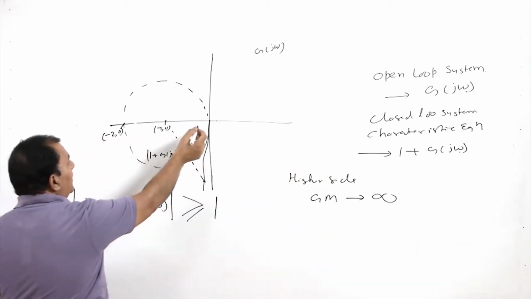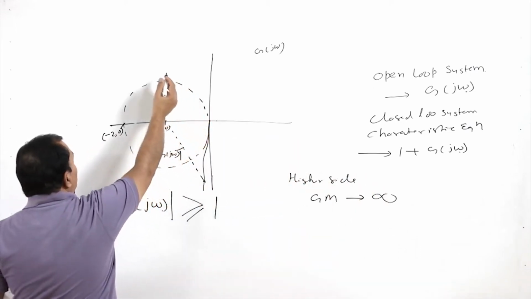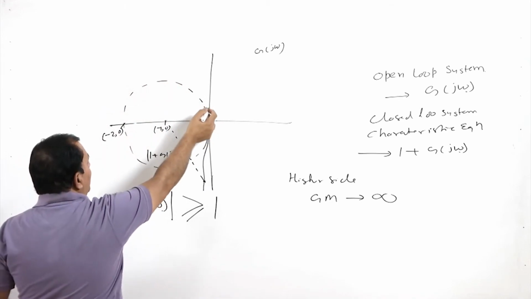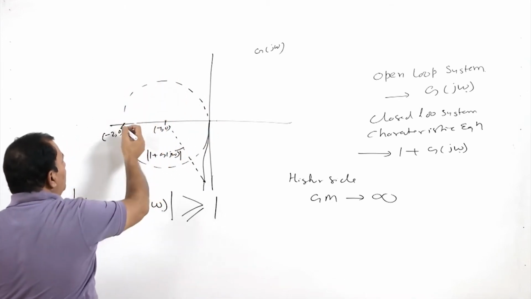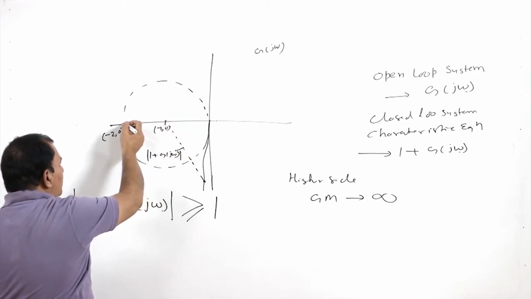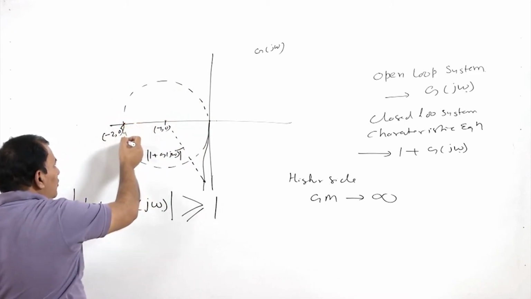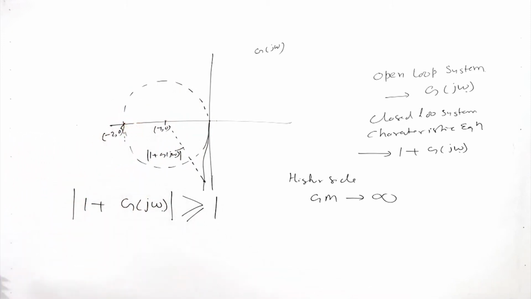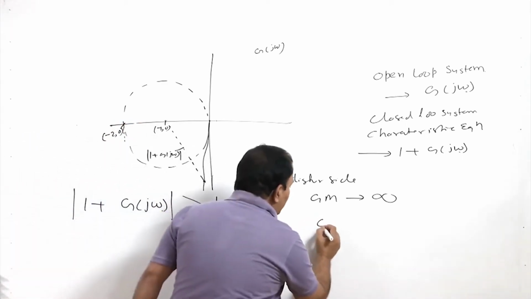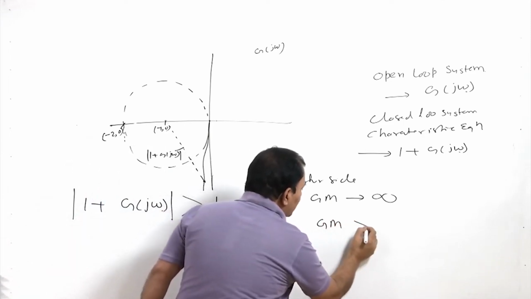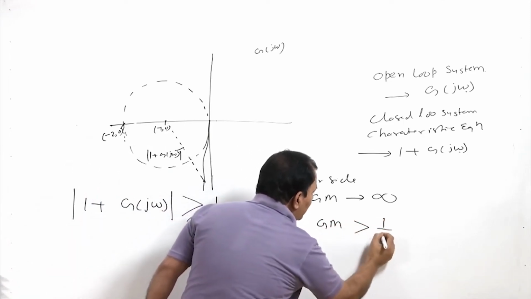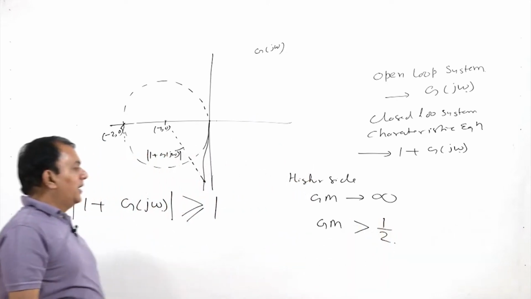What may be another possibility? My Nyquist plot, at the most, may be tangent to this minus 2, 0 point. If it is at this point, we know my gain margin should be greater than half.